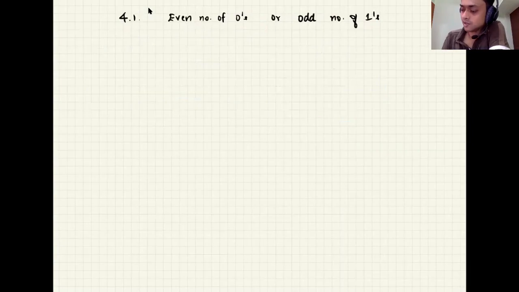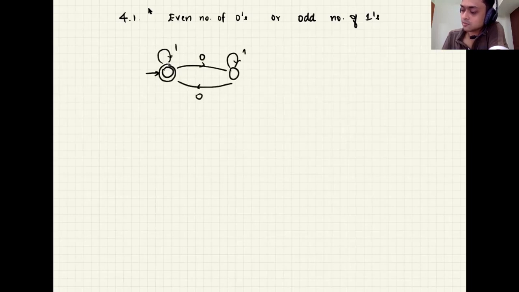For the NFA, you have one part of the automaton which is going to look at even number of zeros, and then one part of the automaton which is looking at odd number of ones.